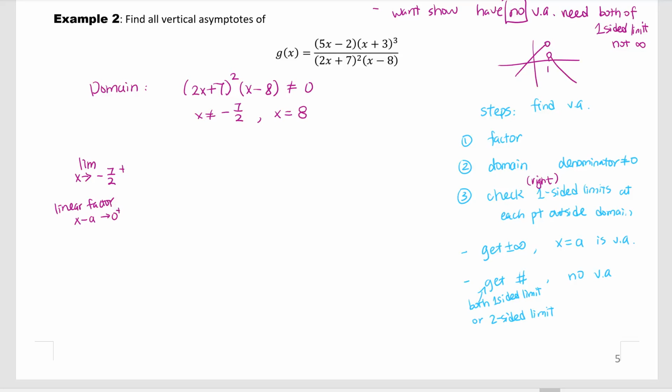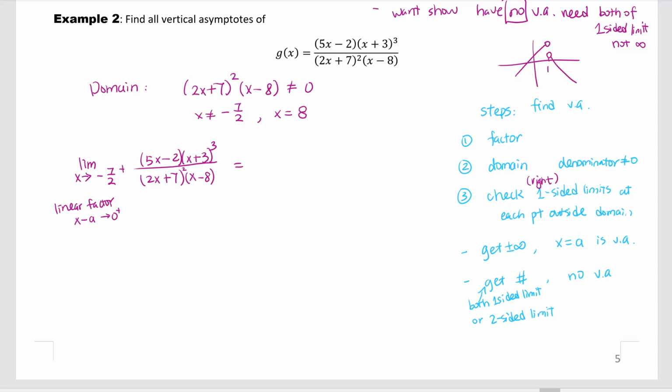Let me show you here. So 5x minus 2x plus 3 cubed over 2x plus 7 squared x minus 8.